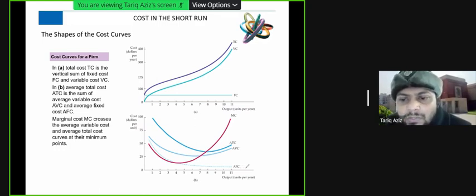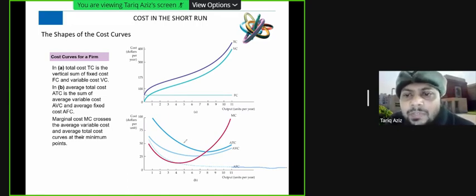As we saw, fixed cost, when divided by the quantity, will keep reducing. So average fixed cost, initially around 55, keeps decreasing like this. So this is average fixed cost.